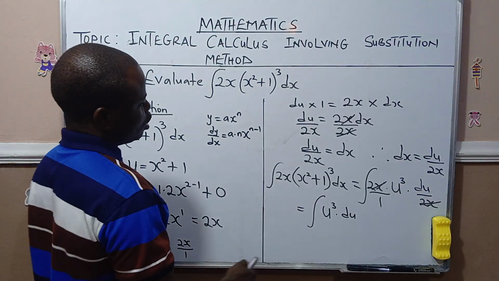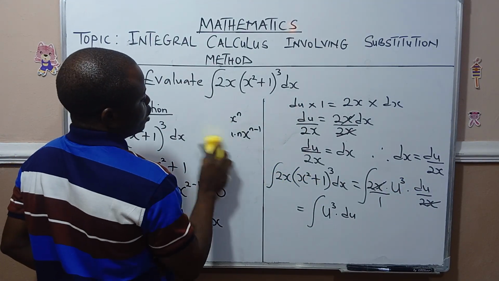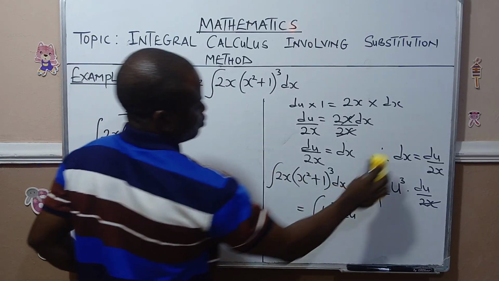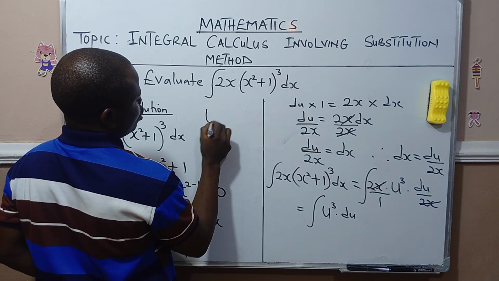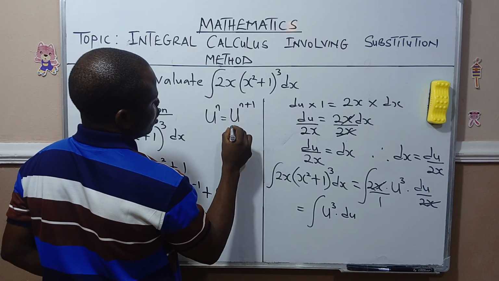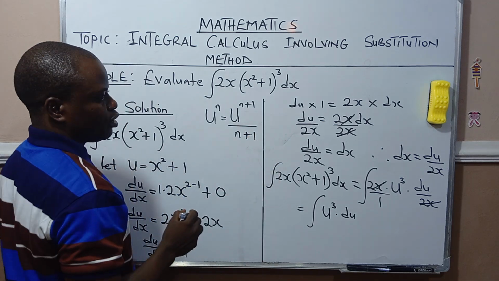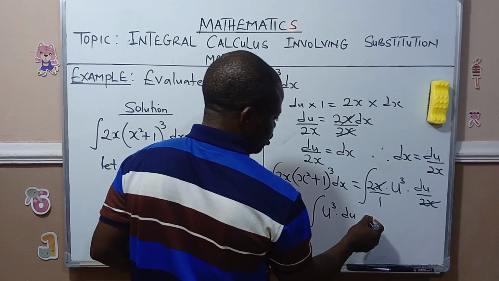Now from here, what is the rule under integration? When you're integrating a particular expression and you have u raised to power n, it becomes u raised to power n plus 1, over n plus 1. That's the rule. You repeat the power at the denominator. Now let's carry out the same rule here.